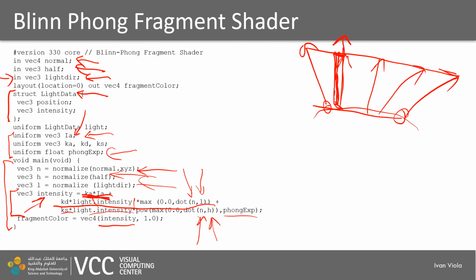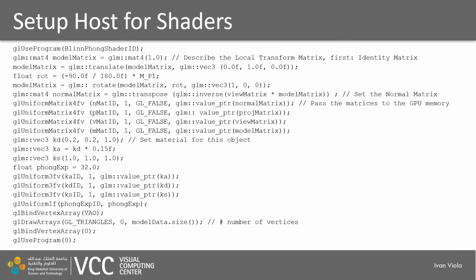So this is how we calculate the Blinn-Phong shading, partially in the vertex shader and then partially completed in the fragment shader. On the host side, we need to set up all these uniforms. Just before we issue the draw call, we define which program we want to use.